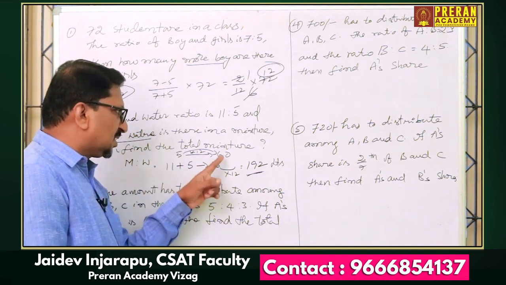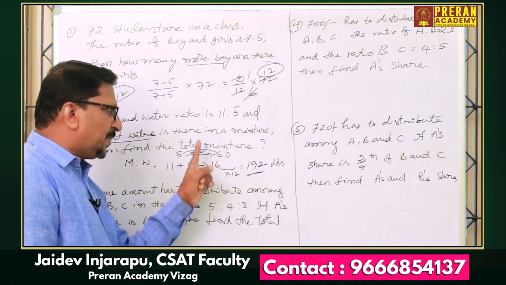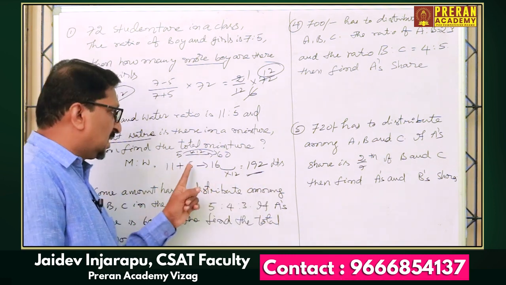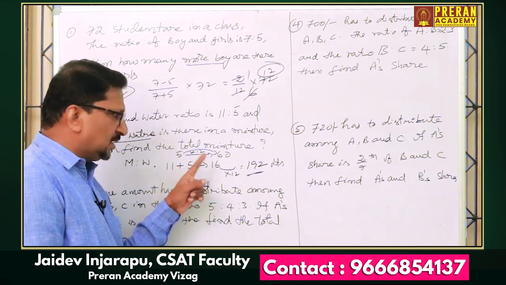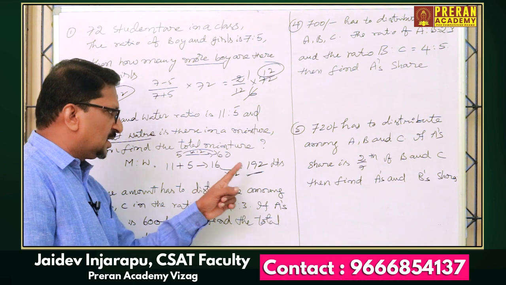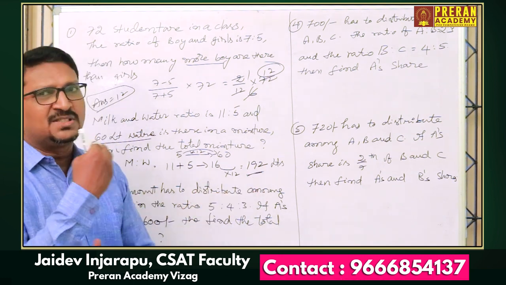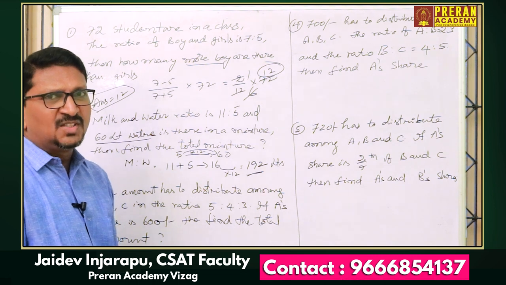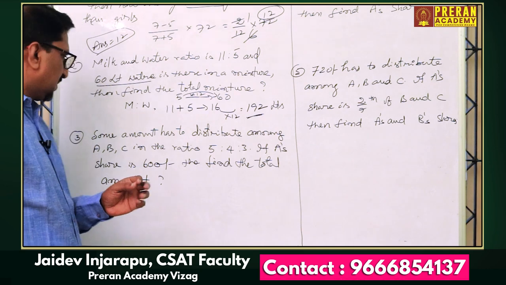So 5 12s are 60. So similarly, 16 parts, how much? Because here we have multiplied with 12, now we have to multiply with 12. So it is 192 liters. Like this we have to think logically.